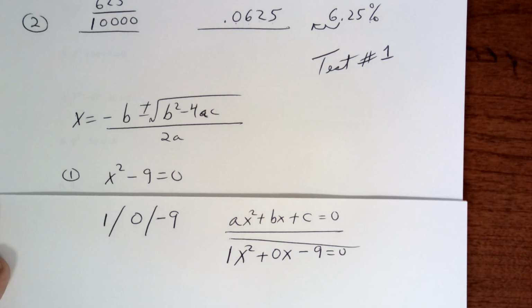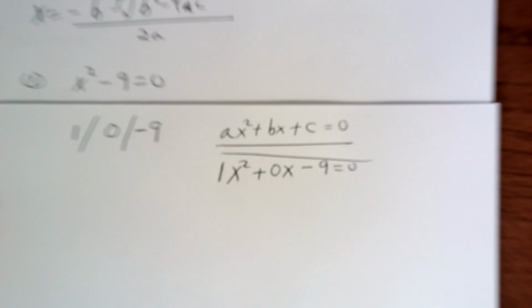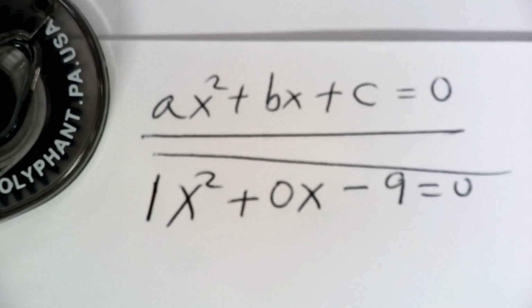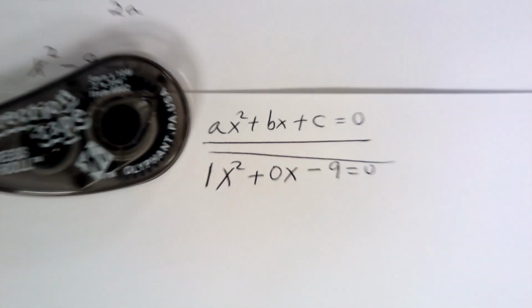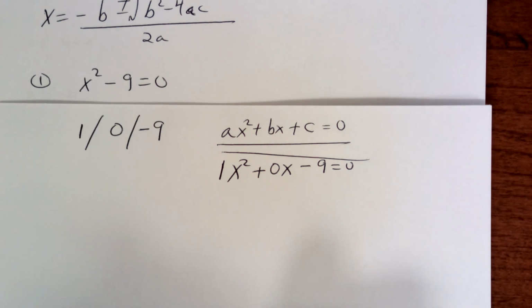Okay, now, to work this, and I got to make this a little smaller, what you're going to do is substitute these numbers. So, refocus this. Okay, so we're going to substitute these numbers, and this is how I want you to do it.